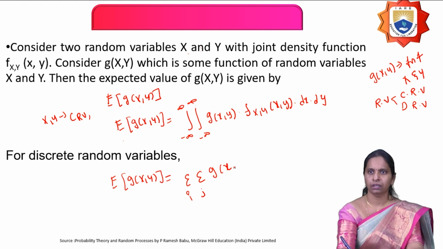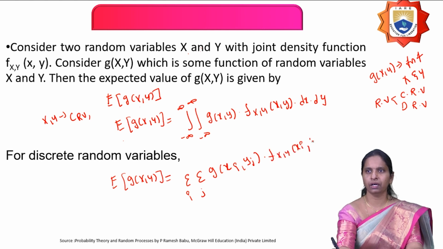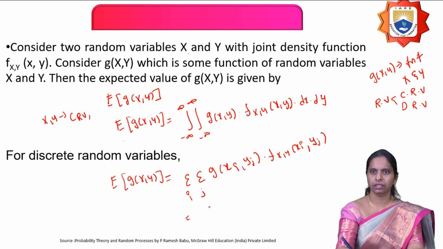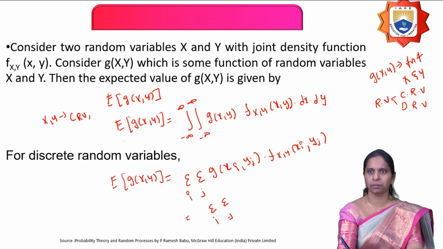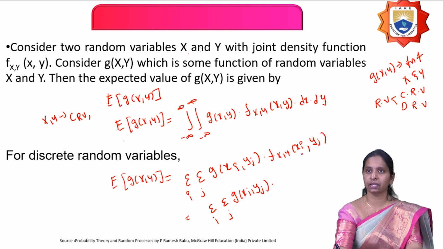So, sigma g of xi comma yj into fXY of xi comma yj, let us say I am taking two variables i and j, that is sigma i and sigma j, with i from minus infinity to infinity and j also from minus infinity to infinity. The joint density function at a particular value is nothing but the probability, so this is P of xi comma yj.